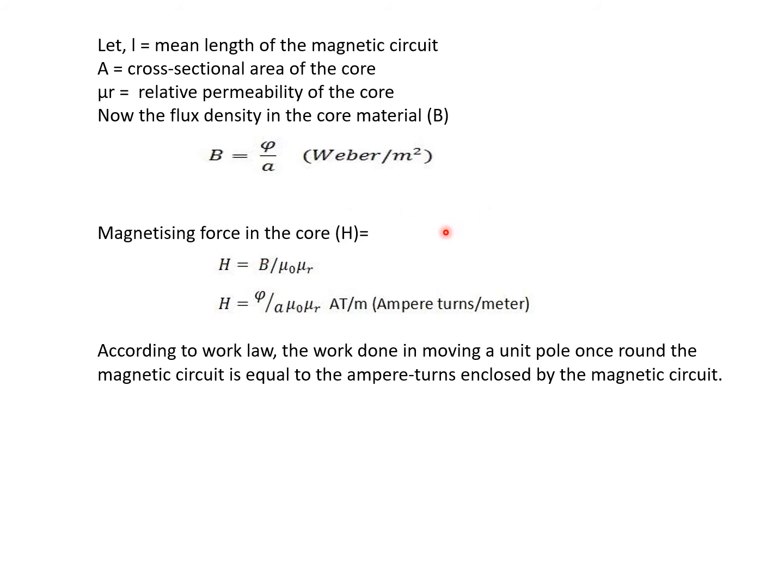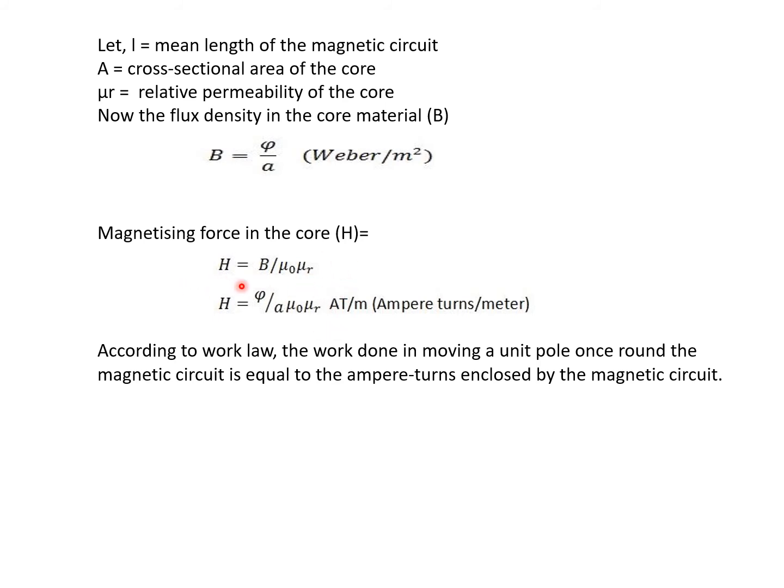So what is H? H is B upon mu 0 mu r. In the third slide, I have shown you that mu is equal to what? It was B upon H. Okay, so what is happening here?